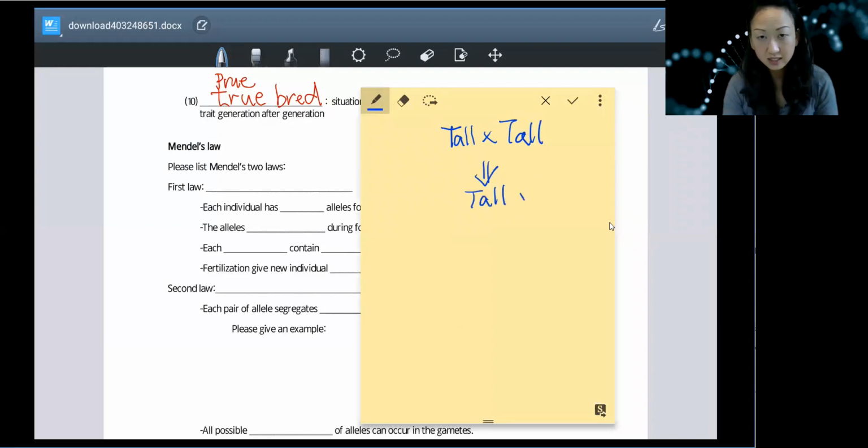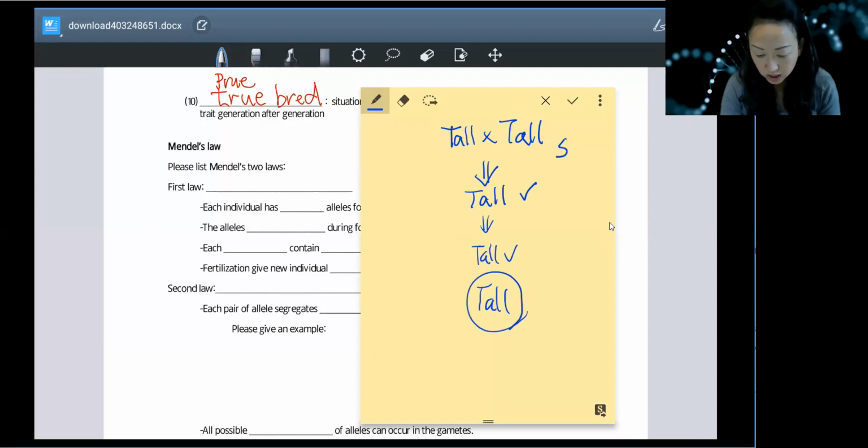Okay, that's fine. But if he keeps crossing and makes sure it's all true bred and keeps that tall, and he does the short with the short and keeps doing that every generation to make sure that they are all pure, there's no other trait. Okay, it's all short.